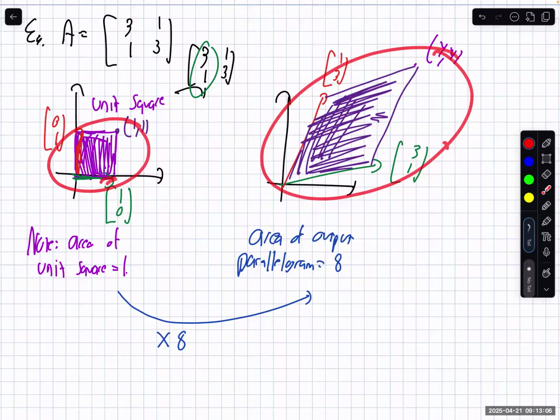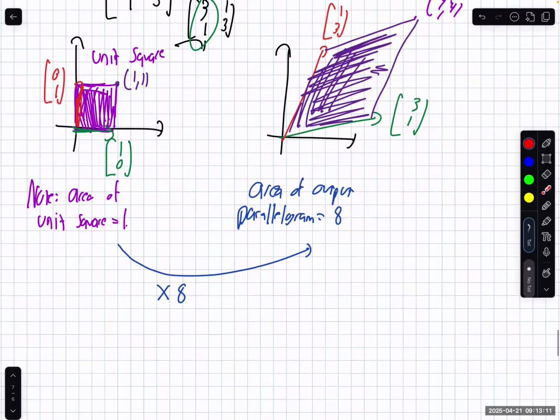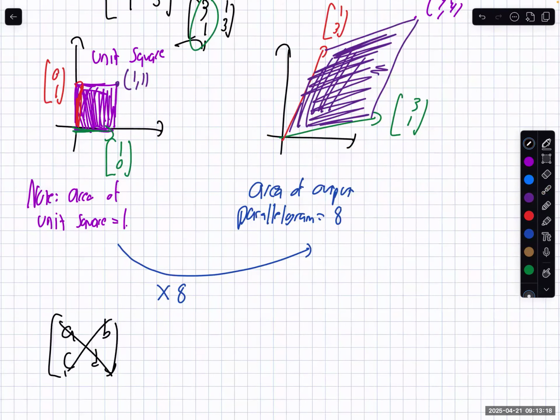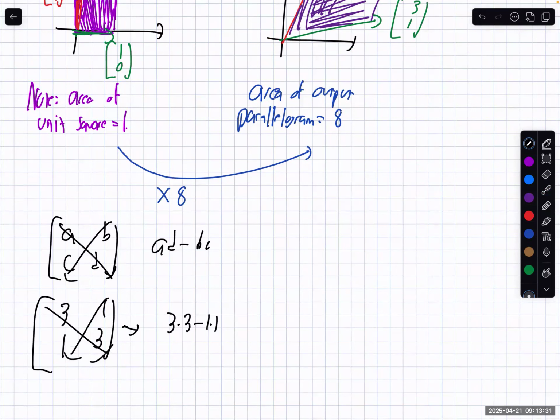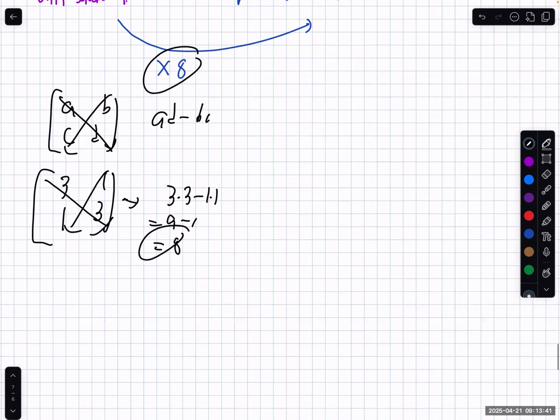The area increased by a factor of 8. And if I do that AD minus BC this way, I get the number 8. So it's not a coincidence.